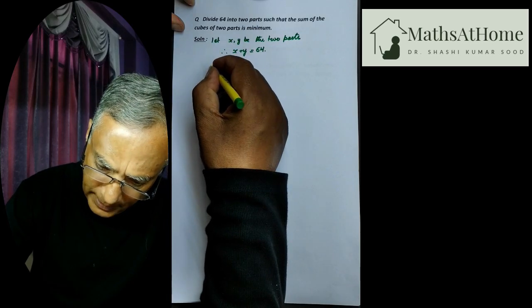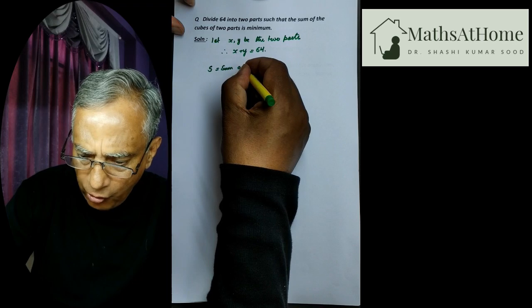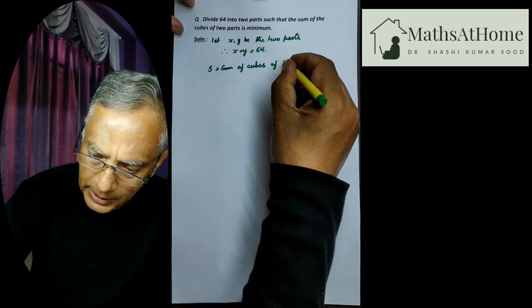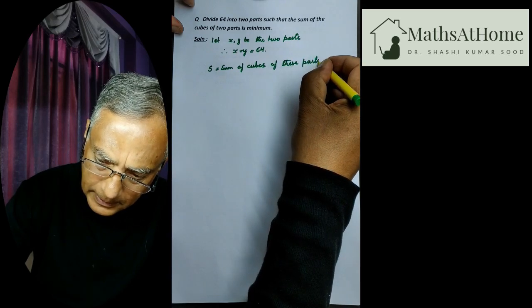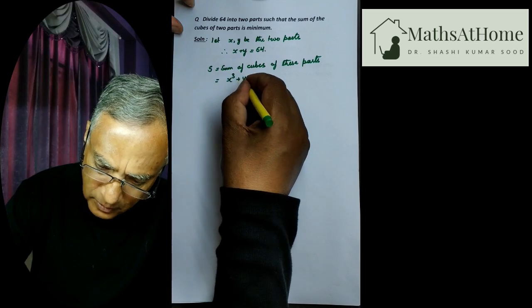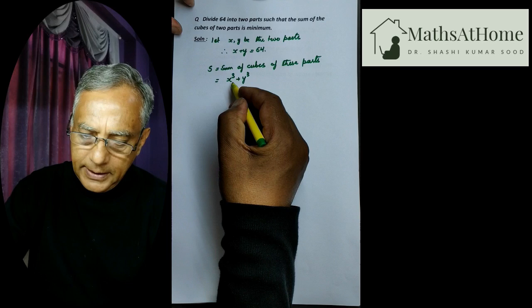So let s be equal to the sum of cubes of these parts, that is x cube plus y cube. We have to minimize this.